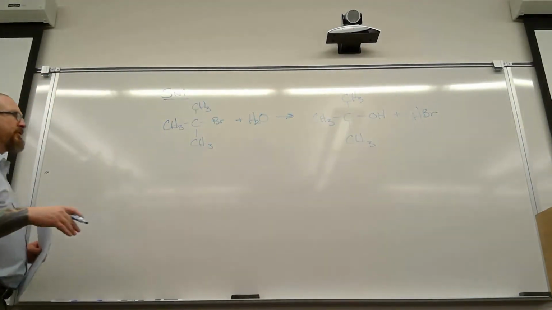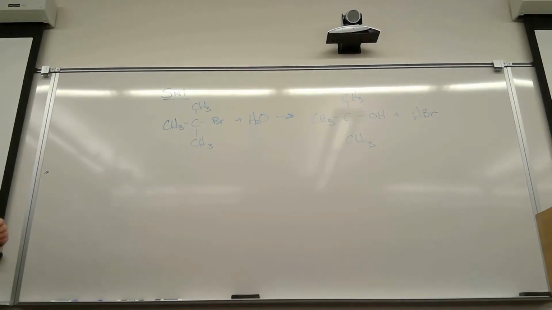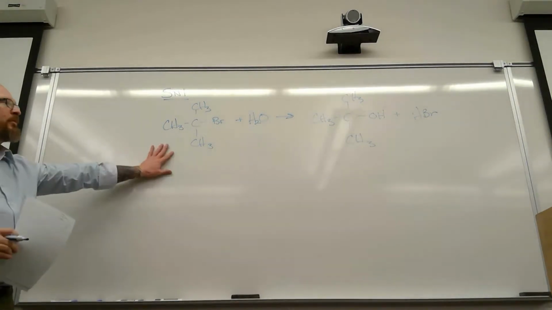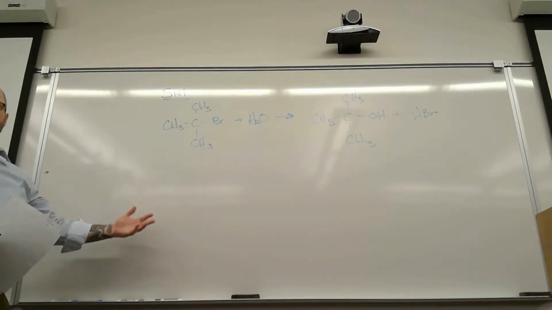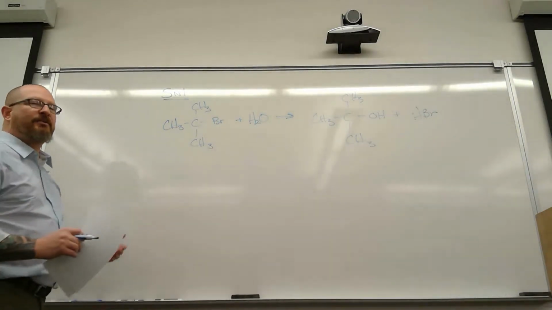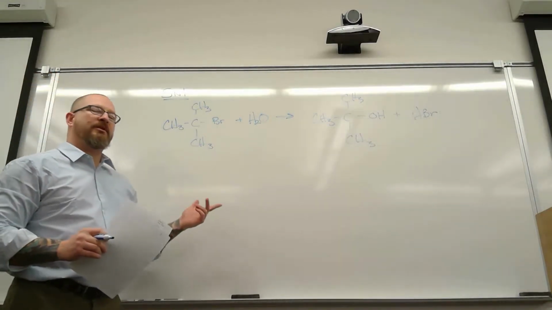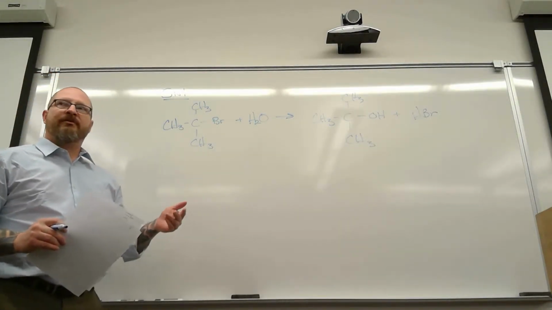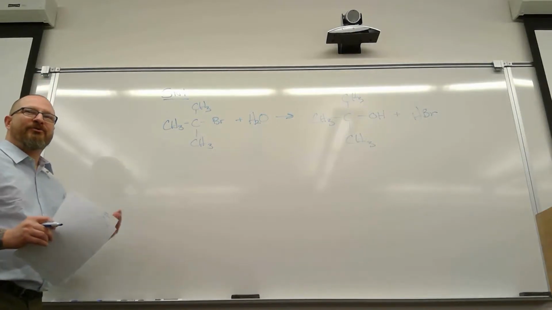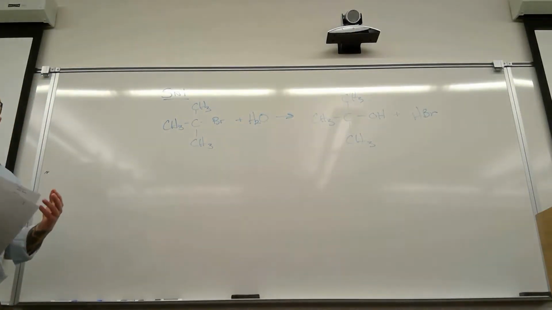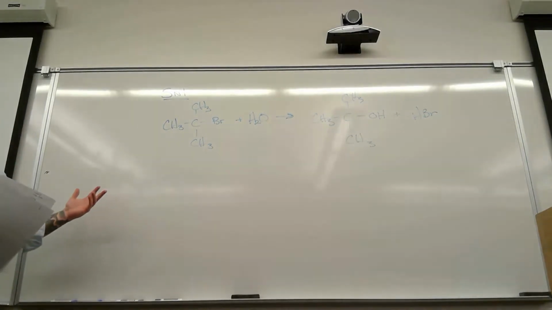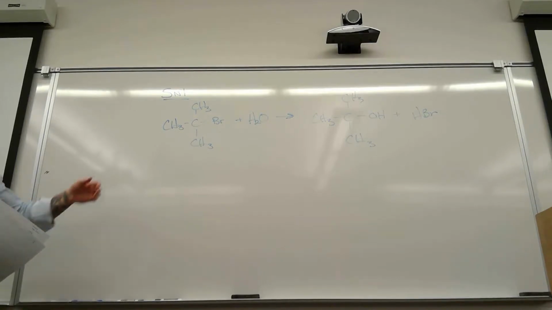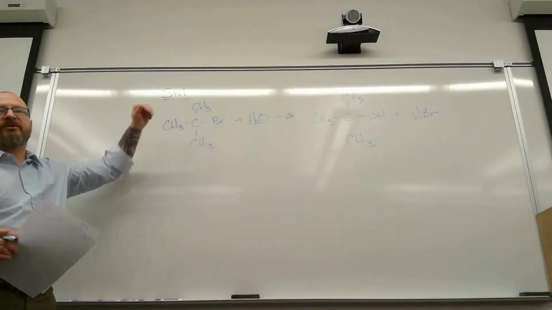In the Sn2 reaction, if you doubled the concentration of the alkyl halide, that would double your rate of reaction. Likewise, if you doubled the concentration of your nucleophile, that would double your rate of reaction. If you doubled both, you would quadruple the rate of reaction. So both the nucleophile and the alkyl halide acting as the electrophile mattered in determining the rate for the reaction, which is why it was a bimolecular reaction. It was Sn2.